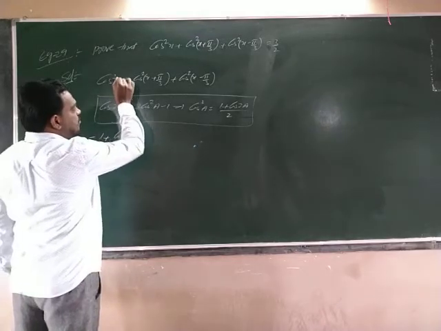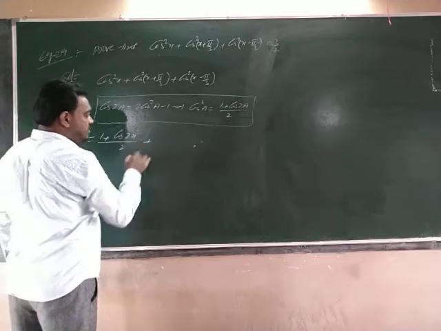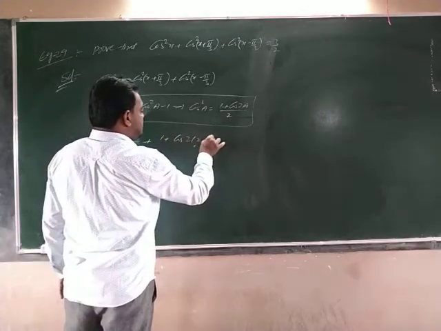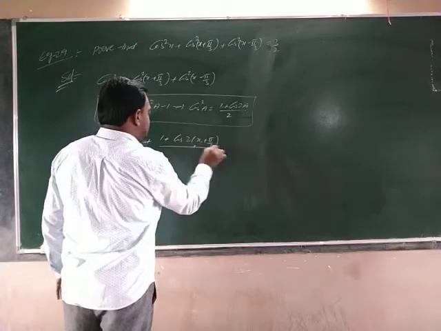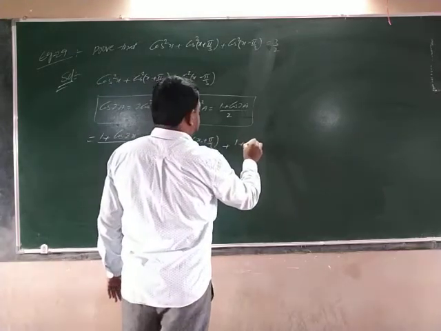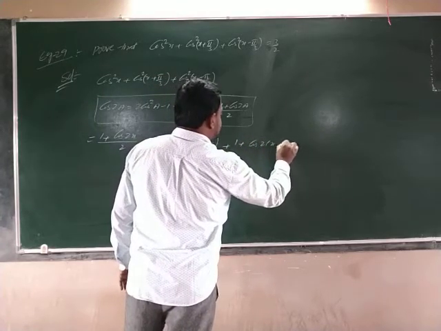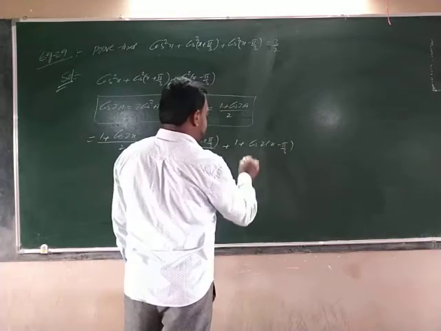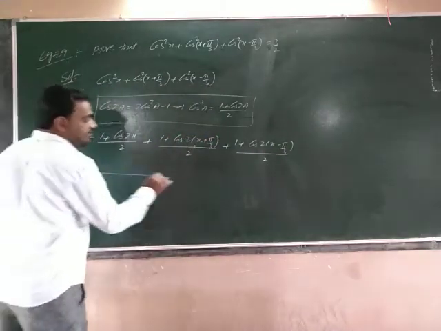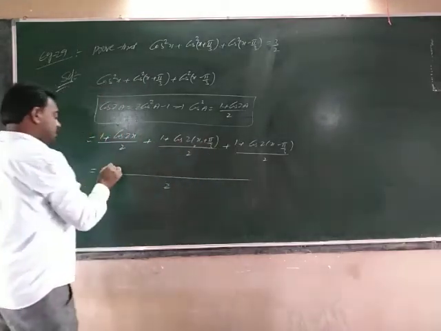Now you substitute 1 plus cos 2a by 2, where a is equal to x. So we get 1 plus cos 2x by 2, plus 1 plus cos 2 into x plus pi by 3 by 2, plus 1 plus cos 2 into x minus pi by 3 by 2. Now 2 is the LCM. 1 plus 1 plus 1, I am writing first, that is 3.